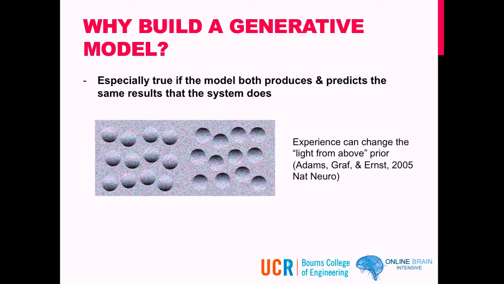And this behavior is beautifully captured by a Bayesian model where the prior expectation of the source of the light gets changed by experience as well, so that when it gets combined with the likelihood, the incoming sensory information, it will change the posterior estimate of whether this is convex or concave.